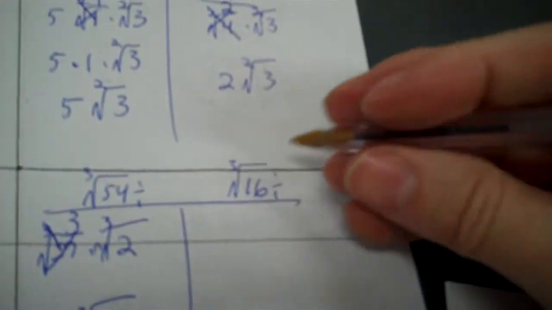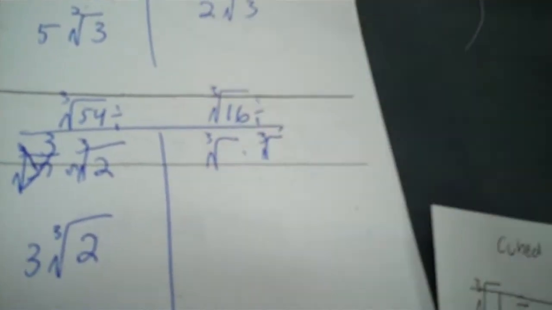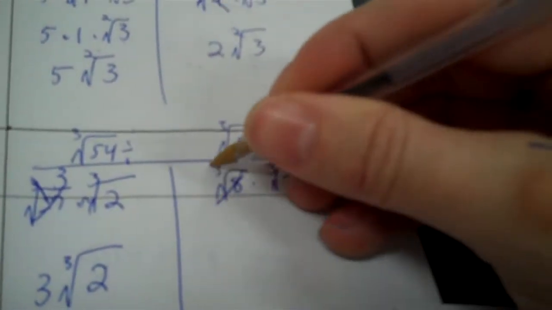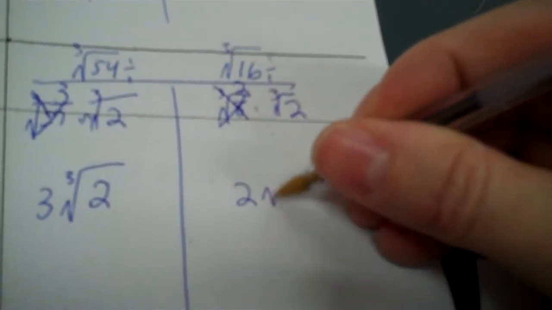16 isn't on the list, okay, but I see something right away it's going to divide by. So I rewrite that in 2 radicals. Now if I divide by 8, 16 divided by 8 is 2. And then we replace that radical with its whole number equal, which is 2. So we have 2 cube root of 2.